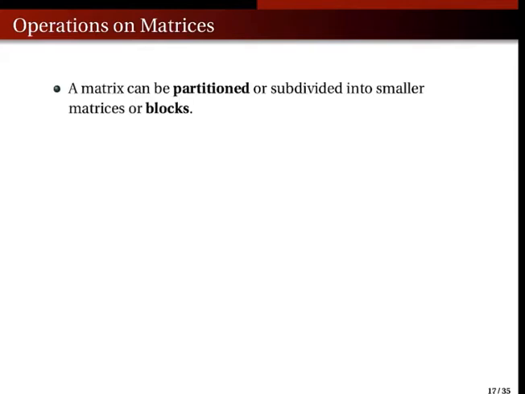Now, a matrix can be partitioned or subdivided into smaller matrices or blocks. For example, you have this matrix A in here. We have a 3 by 3 matrix: A11, A12, A13, A21, A22, A23, A31, A32, A33. Okay?